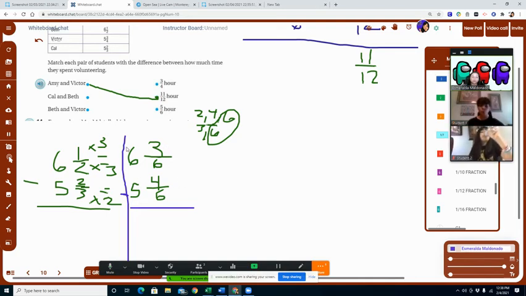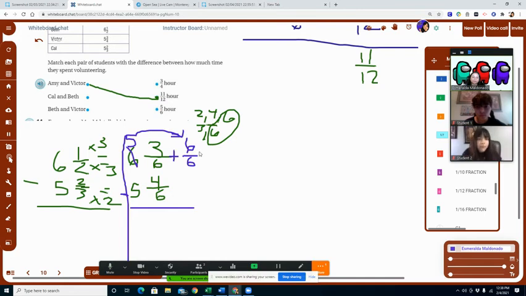So I need to regroup. The 6 becomes a 5, and I need to add this whole to the 3/6. How would that look as a fraction if I add a whole? I'm going to add 6/6, yes, 6 over 6, because that is equal to the 1 whole which I'm taking out from the 6.